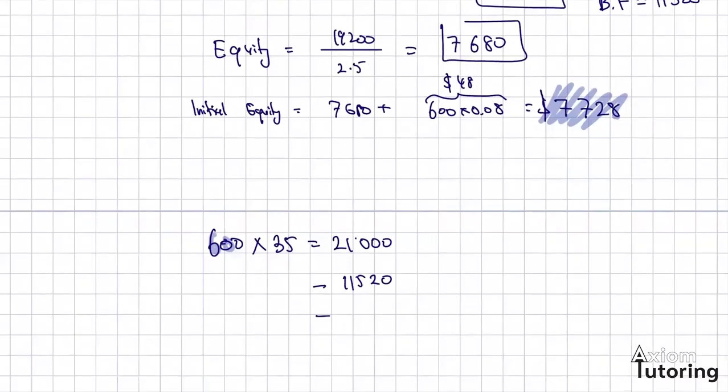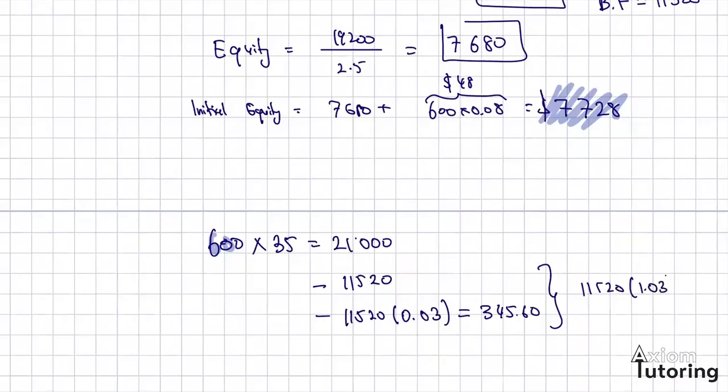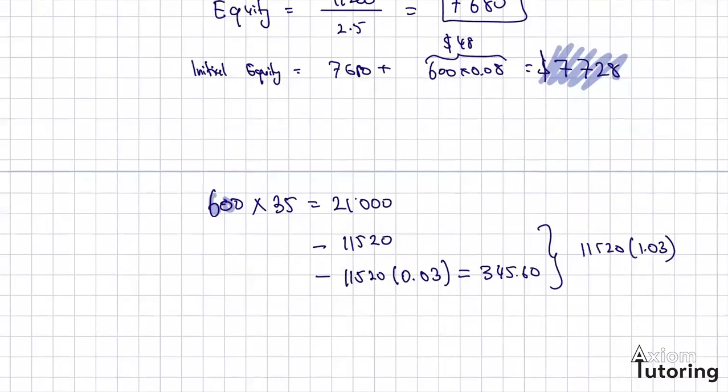The interest is 11,520 times 0.03, because we're only doing half a year, so only half of the six percent will be our interest, and this is equal to 345.60. You could have simplified this step by simply saying, I'm going to return my capital times 1.03, adding that extra interest that I'm going to pay.